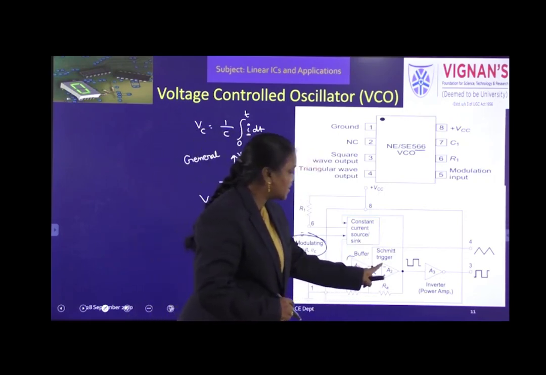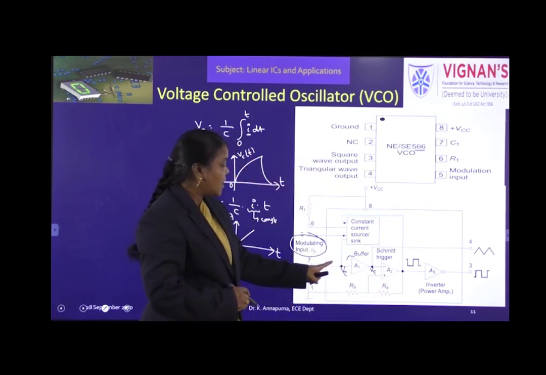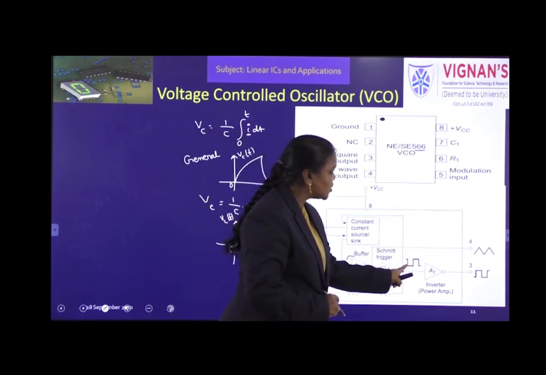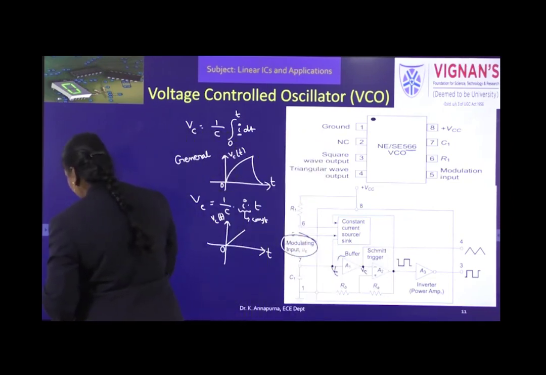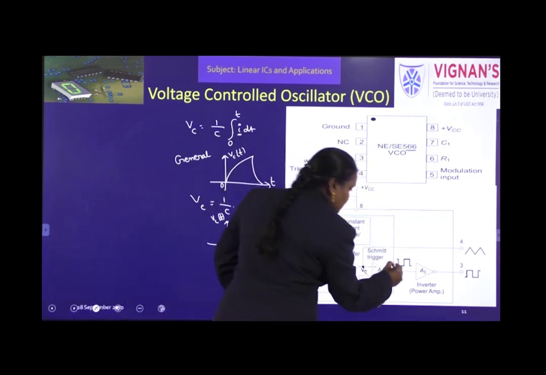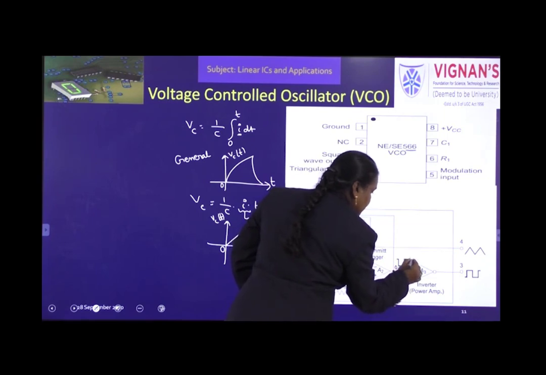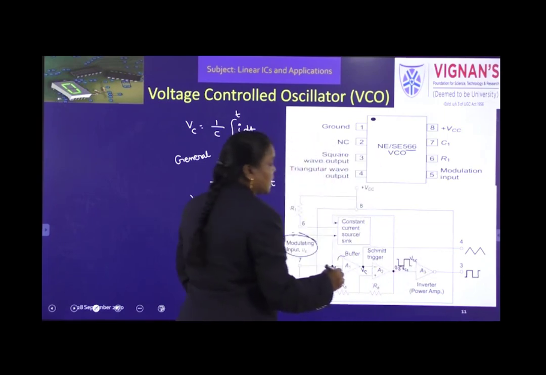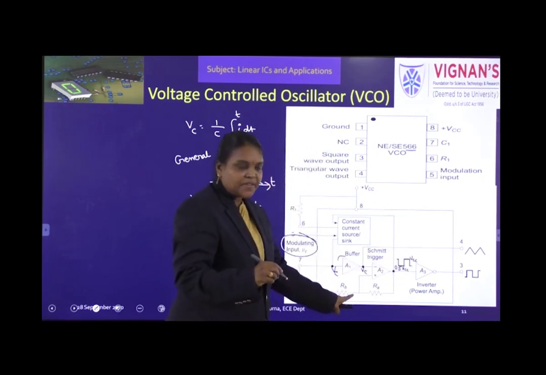So this Schmitt trigger will get half of the output voltage for comparison, and this voltage is changing between 0.5 VCC and VCC. This is 0.5 VCC and this is VCC. When output is at VCC, it will be 0.5 VCC.